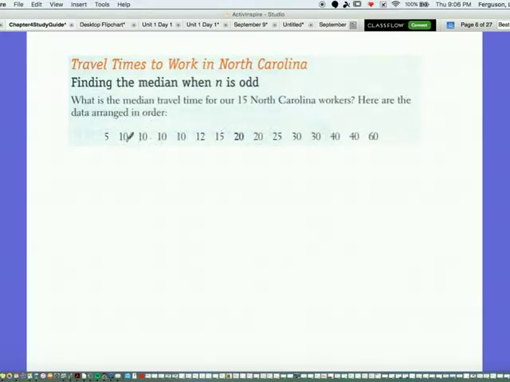Counting 1, 2, 3, 4, 5, 6, 7, 8, 20 is my median, with 7 on one side and 1, 2, 3, 4, 5, 6, 7 on the other side. So my median travel time would be 20.